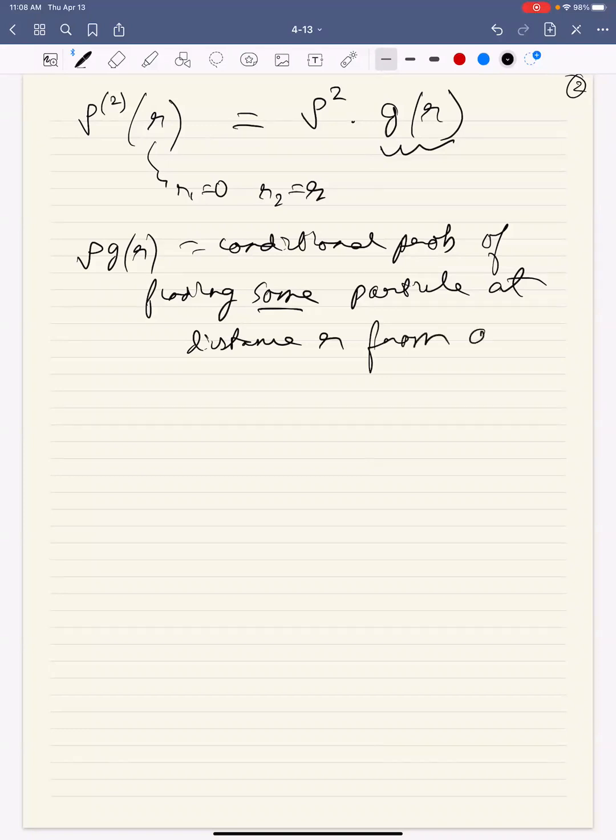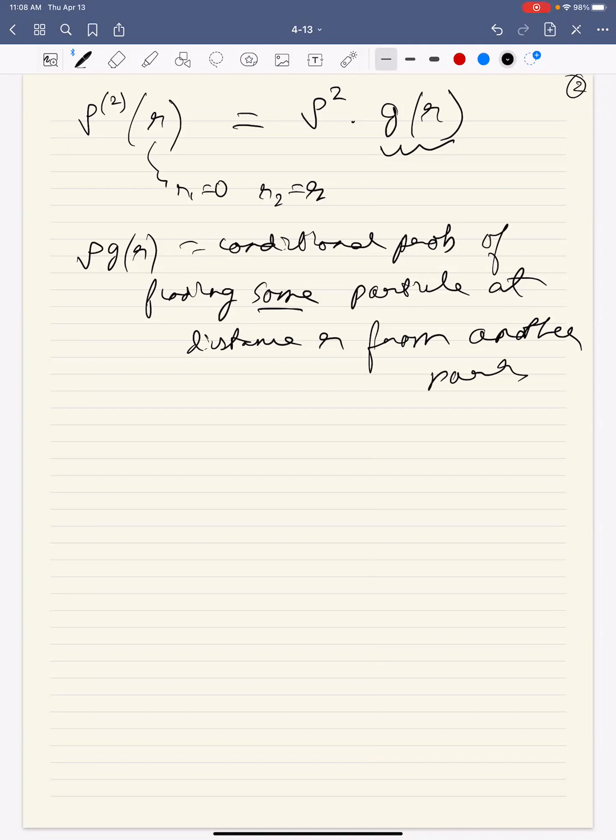So if the origin thing confuses you, all you are saying is, if you know there is one particle here, what is the probability that you will find some other particle at distance R? Some of you got confused about how it integrates out and how it diverges and things like that. So in the final homework, there will be a problem where you will see how you really have to multiply it by 4 pi r squared in order to do the math correctly.